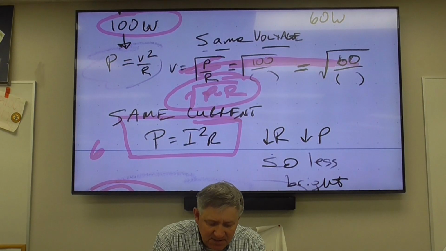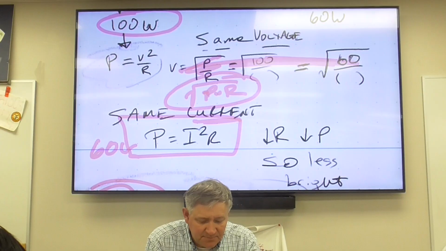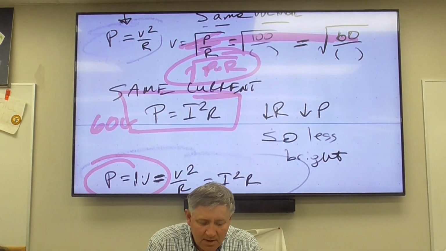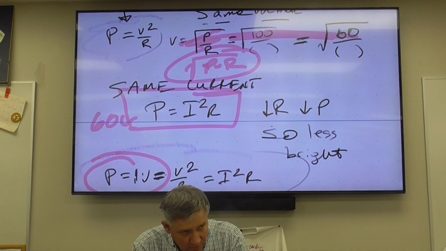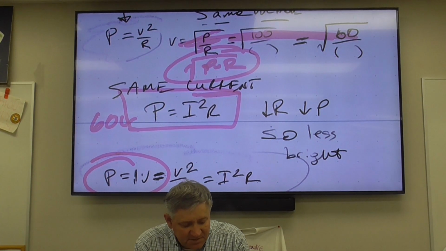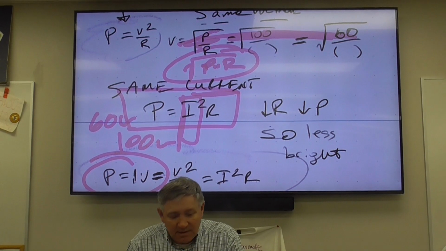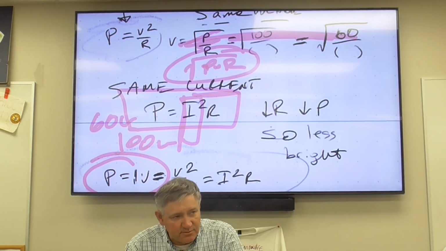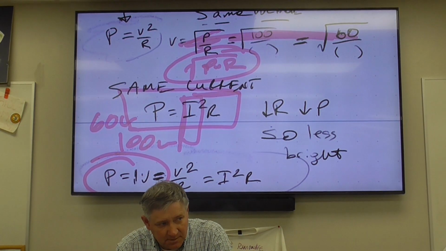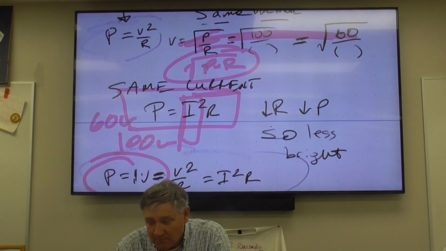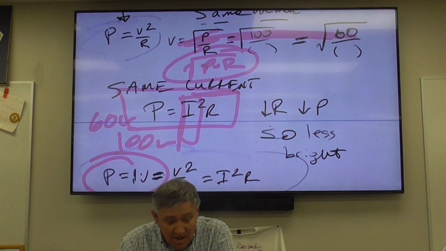If I've got a 60-watt bulb versus a 100-watt bulb, and they both have the same current, what's going to happen to the resistance on the 60-watt bulb? It's got to be less than the one on the 100-watt bulb. Why? Because you're going to multiply by a smaller number and get a smaller power.